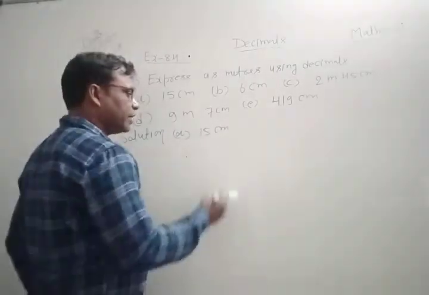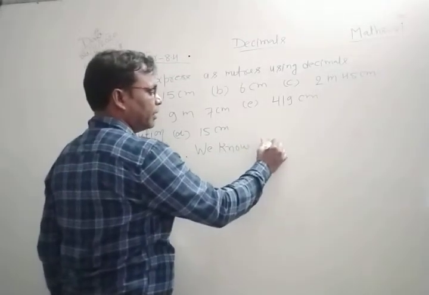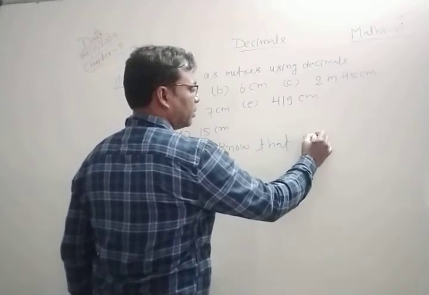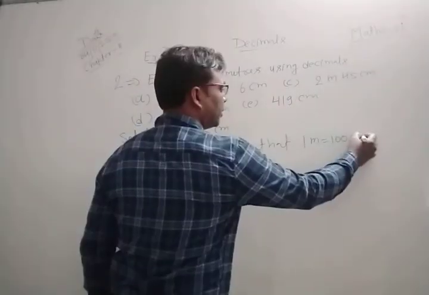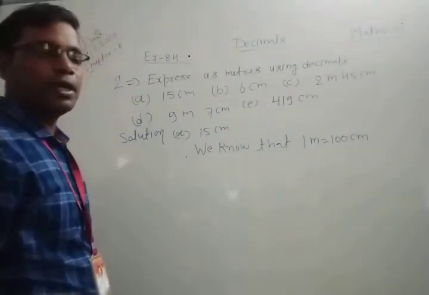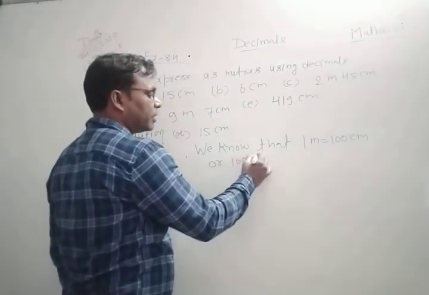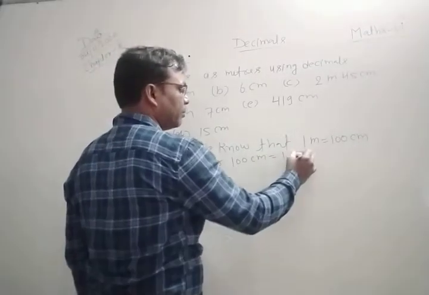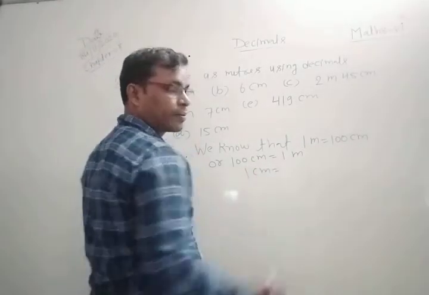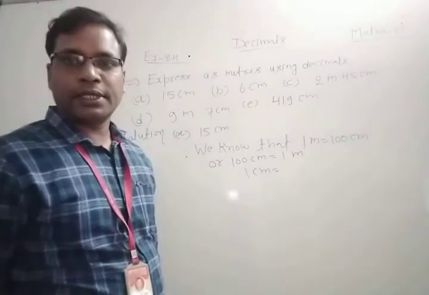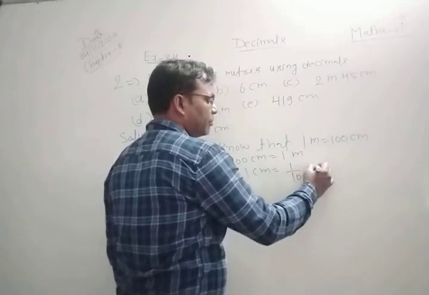First here you write, we know that 1 meter is equal to 100 centimeter, or 100 centimeter is equal to 1 meter, or 1 centimeter is equal to 1 upon 100 meter.